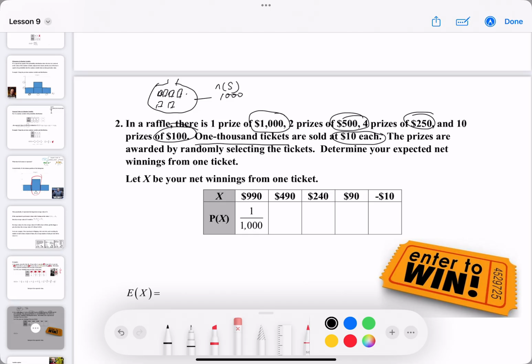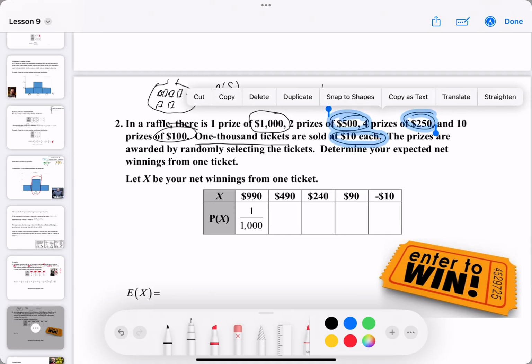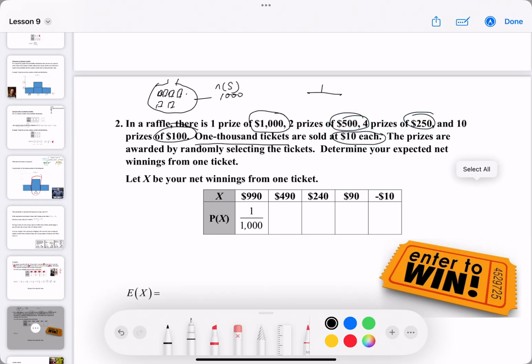Okay, let's see the probability. How many of the tickets can win $1,000? That is only one ticket, and the cardinal number of the sample space is 1,000 tickets. So 1 over 1,000. How about the $490?